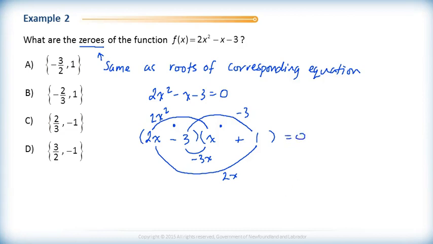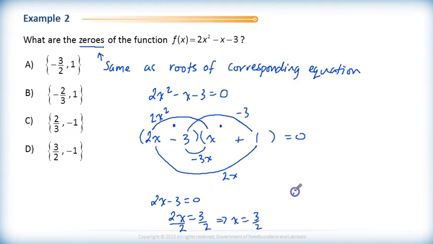Now that's all equal to 0. Now that I know I have the correct factors, I make each one equal 0. In this first case, I'll have 2x minus 3 equals 0, 2x equals 3. Divide both sides by 2, and I've got x equals 3 over 2.